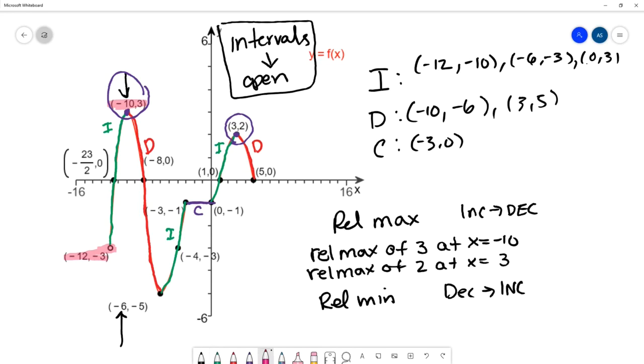And you can see here is a point where on the left it's decreasing and on the right it's increasing. And this creates that little dip in the graph, that minimum. And so you have a relative min of -5 at x equals -6.